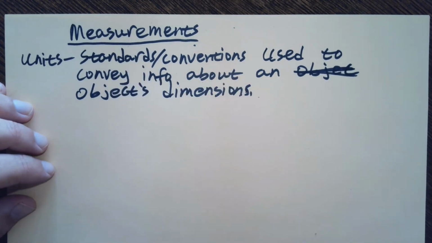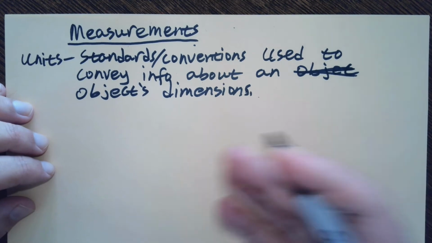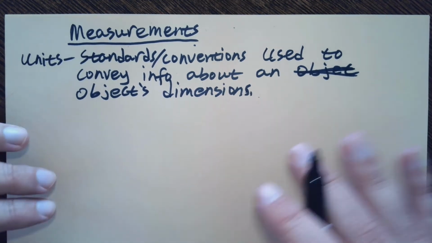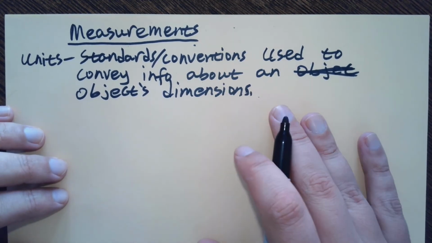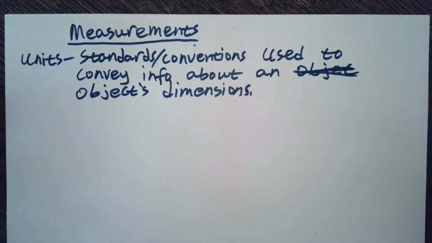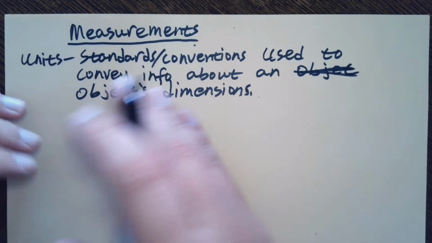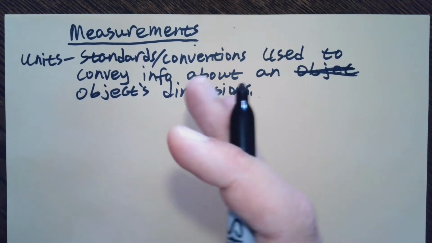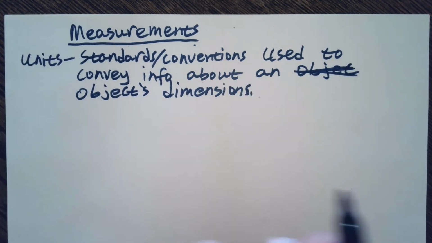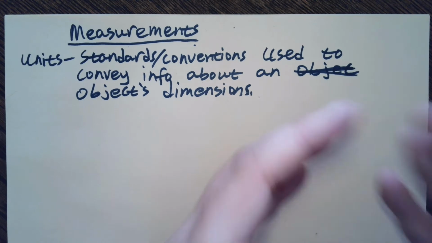So we have different types of units for different types of measurements. I said 5 gallons of paint. I didn't say 8 feet of paint. I said 8 feet of boards. I didn't say 8 gallons of boards, because they're different dimensions I'm talking about. One of them was for length and one of them was for volume.